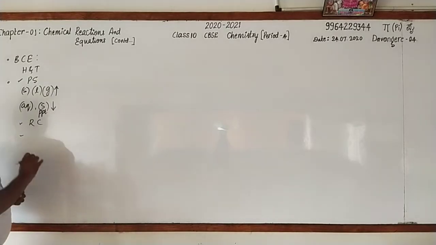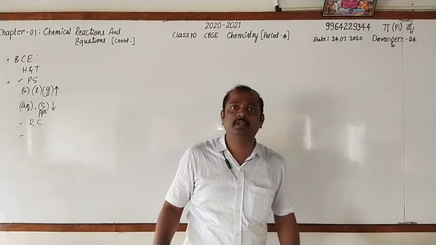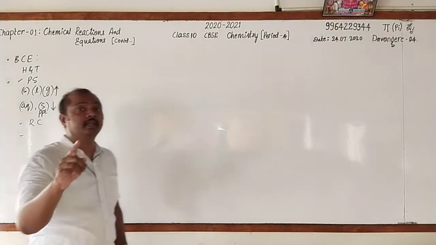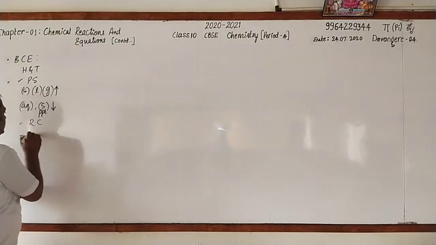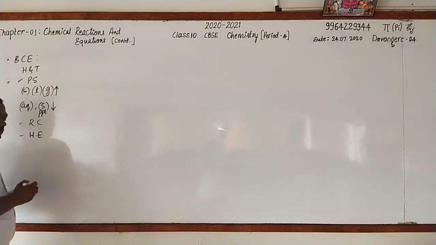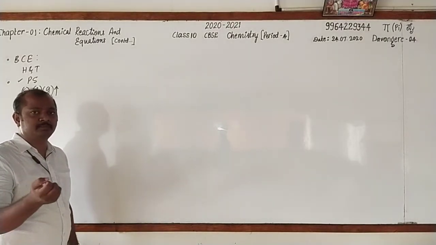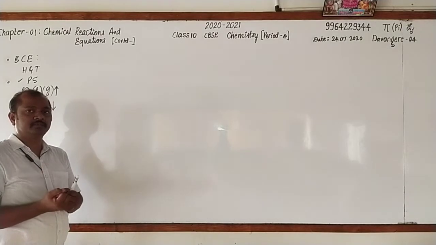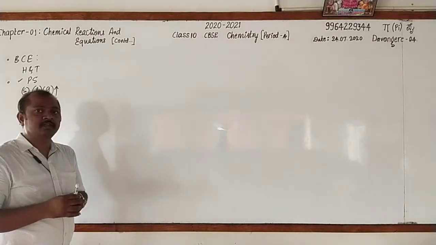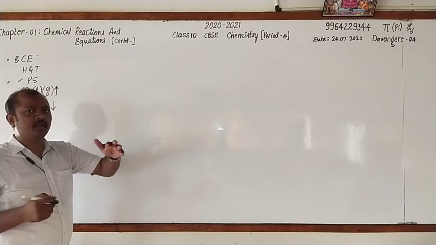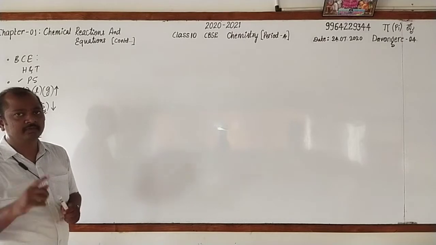And the third point: you can make a chemical equation more informative by indicating the heat changes. That means some chemical reactions take place by absorbing heat, and some chemical reactions give out heat after the reaction, right?